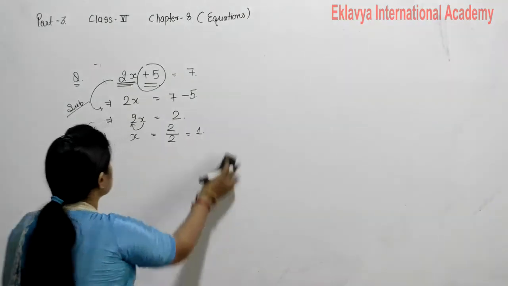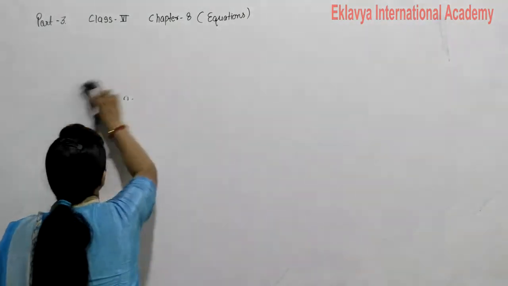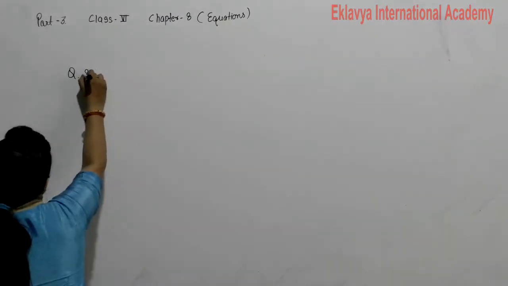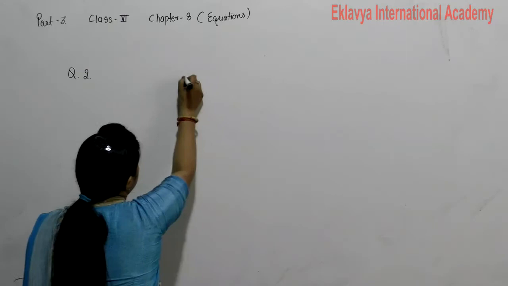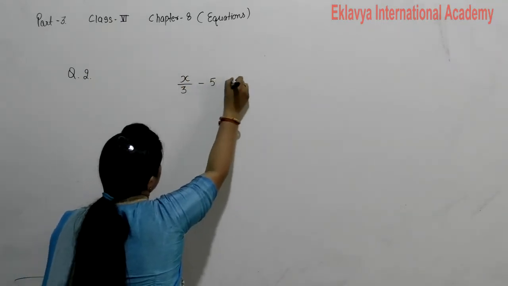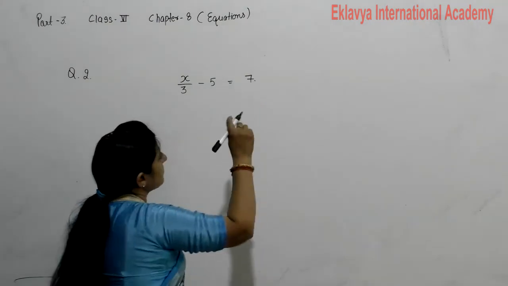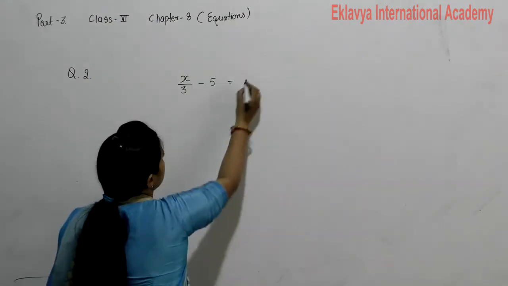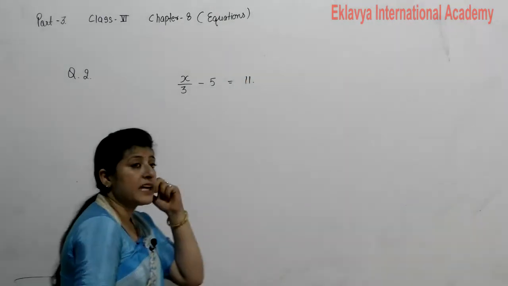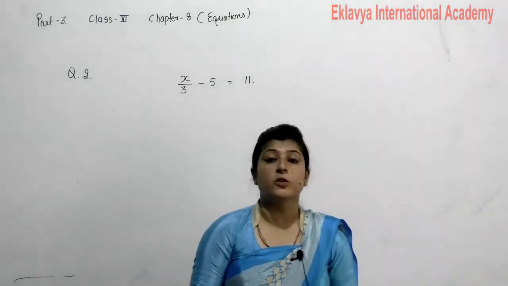Another example, see. Suppose it is written x by 3 minus 5 is equal to 11.